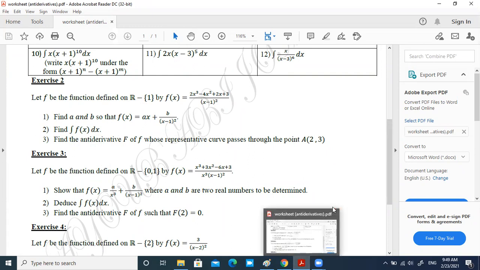Exercise 2. Given f of x is equal to 2x power 3 minus 4x squared plus 2x plus 3 over x minus 1 squared.